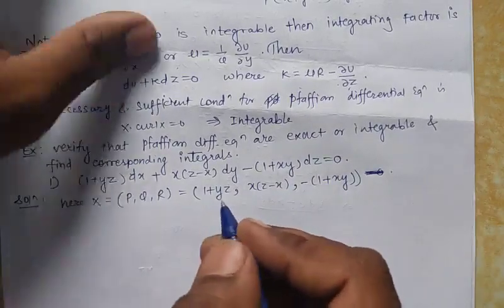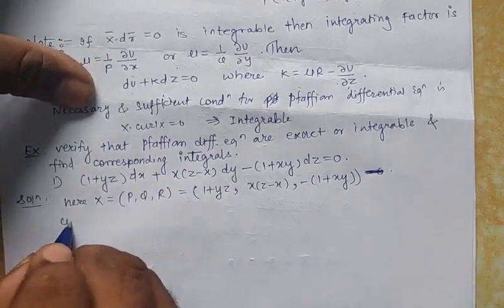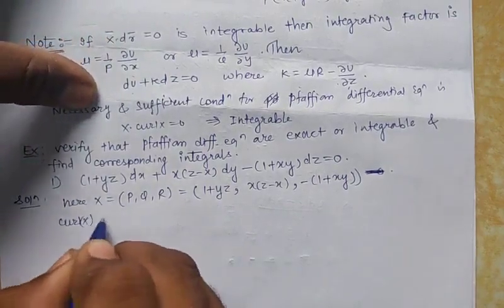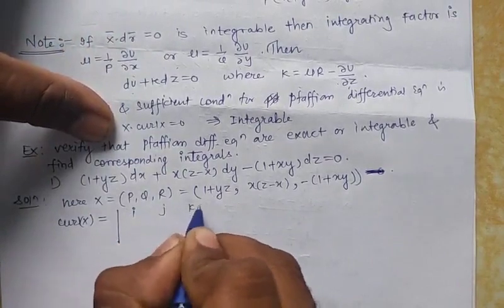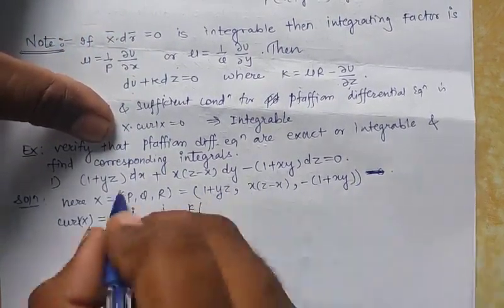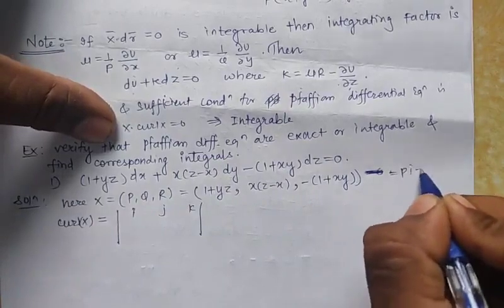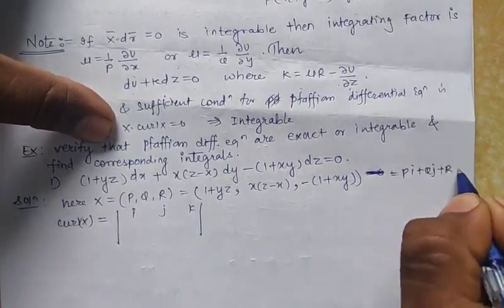Now what is its curl? How do we define curl X? Curl X is defined using i, j, k, in the form p i + q j + r k.